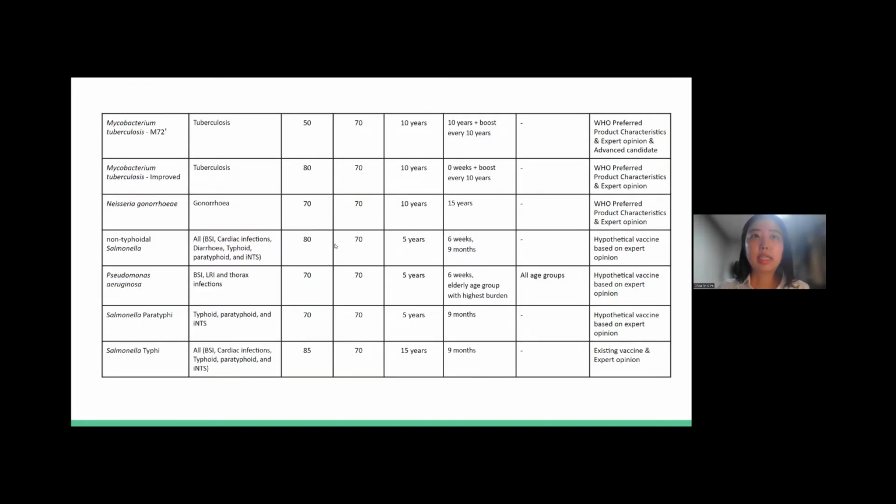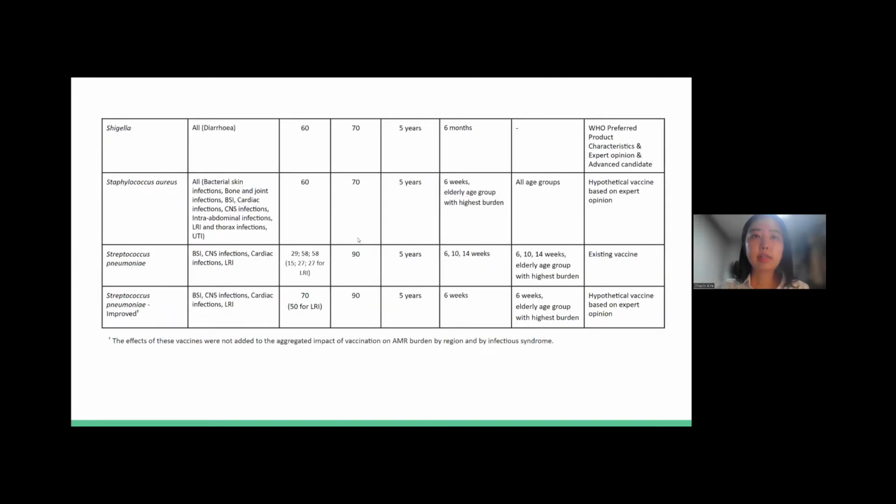And this is the list of the vaccine profiles. And for the future and hypothetical future vaccines, here there is a reference. Some of them are based on the hypothetical vaccine based on expert opinion, and then some of them are actually based on the existing vaccine profiles.